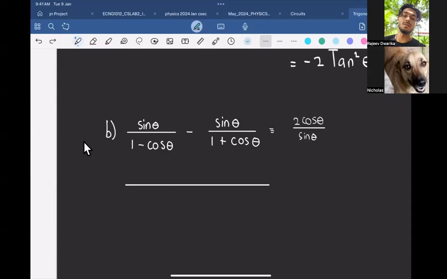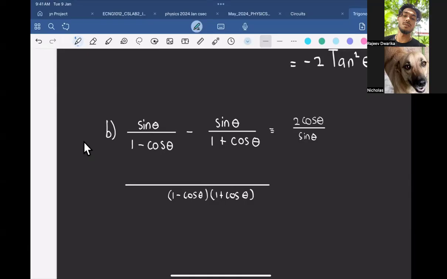Right. 1 minus cos theta by 1 plus cos theta. So 1 minus cos theta into this could be what? If you divide 1 minus cos theta by this, the 1 minus cos theta will cancel off and it will leave you with what on top?